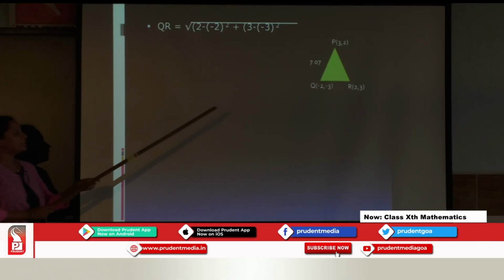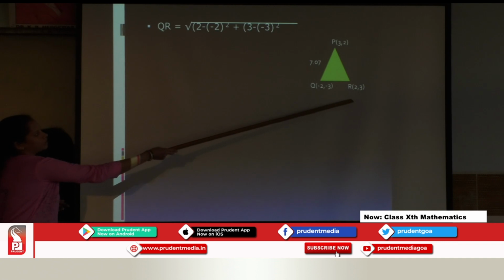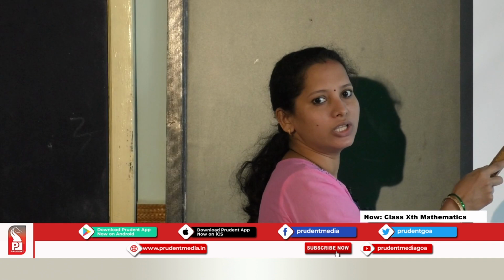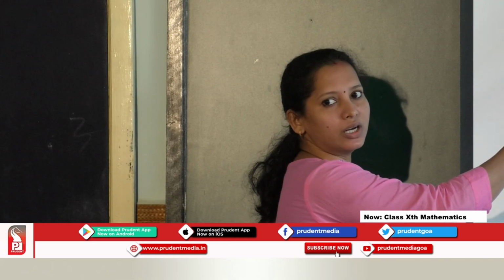Now we have to find the other side, that is QR. Again we use the distance formula, that is root of (x2 minus x1) whole square plus (y2 minus y1) whole square.